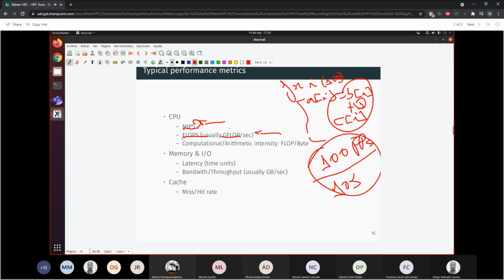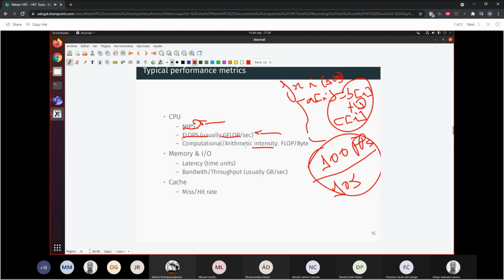Another concept that is related to this one is the computational arithmetic intensity, okay? And this is going to be very interesting because sometimes we have applications where we bring a piece of data, we do a single operation on that piece of data, and we do nothing else, okay?